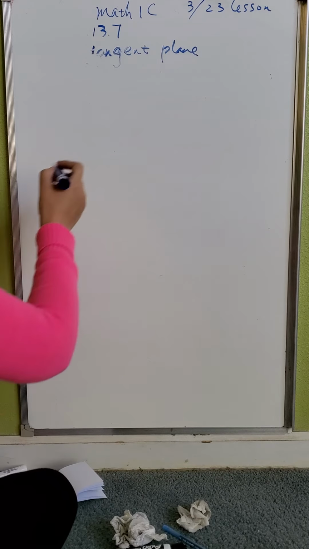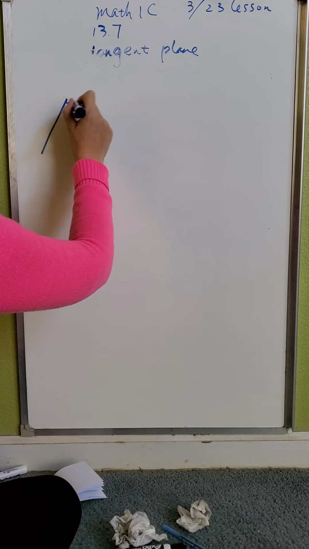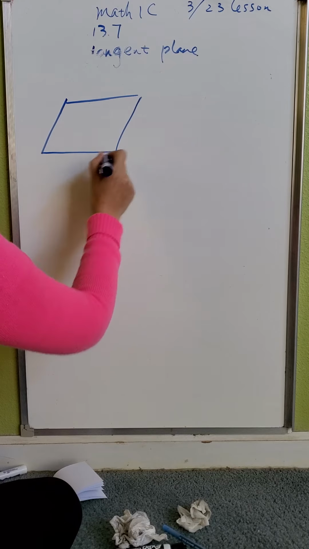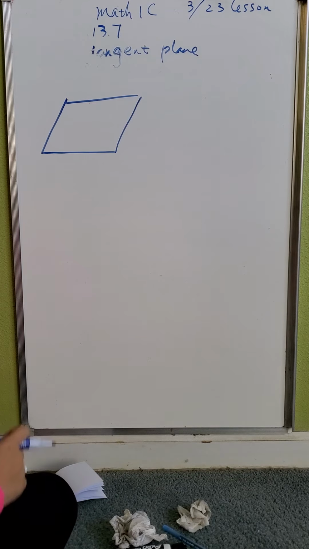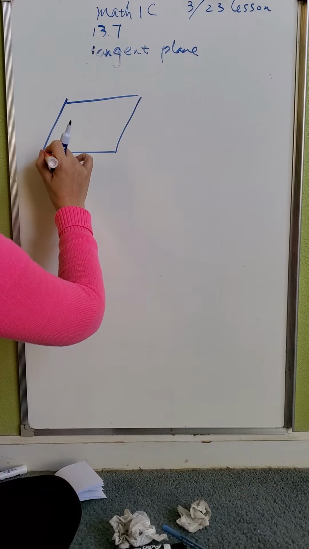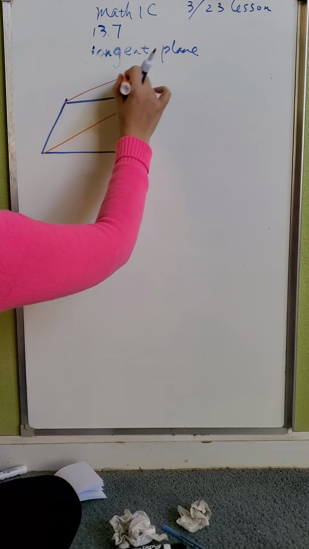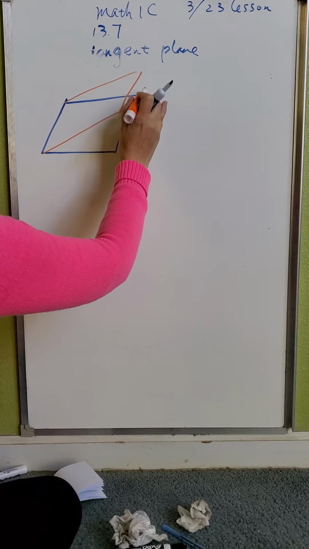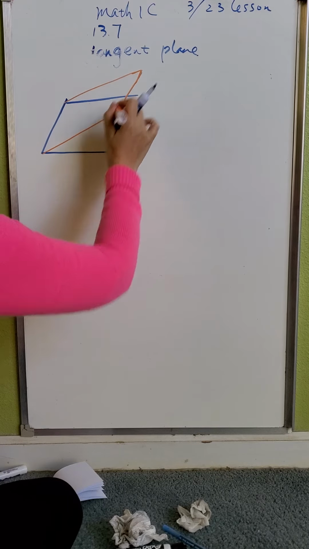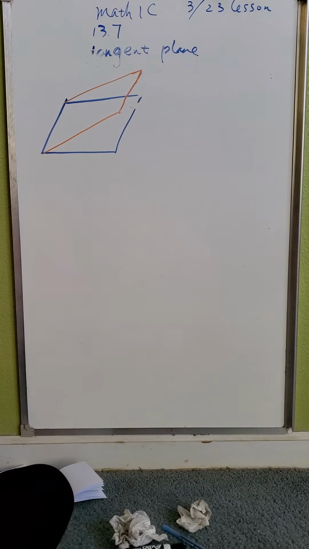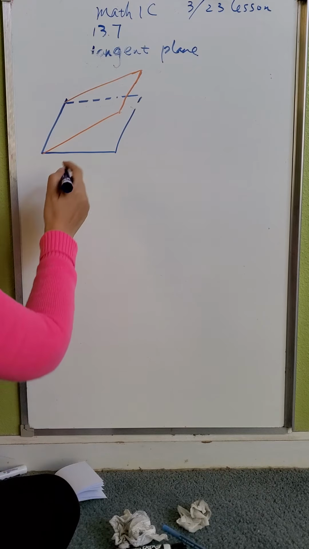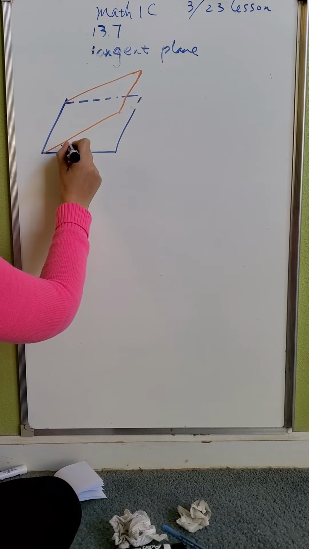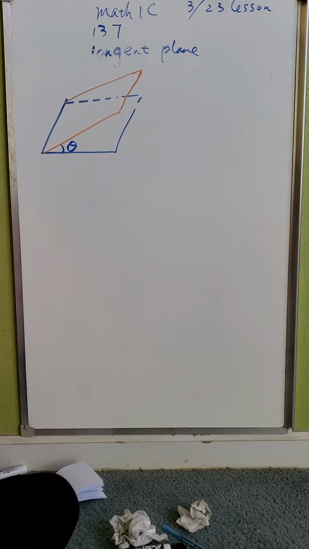Let's say I have a surface right here, it's easy for me to draw it as a plane. And then I have a tangent plane touching the surface, and they form an angle right here, which I'm going to call theta.